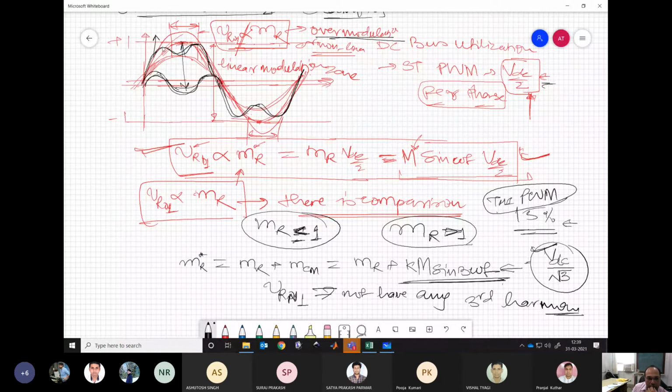Without crossing this boundary, we have achieved this, so we are still maintaining linear modulation. We have obtained some 15% more utilization of the DC bus by injecting this third harmonic component in the modulating signal. This is clear to everybody?